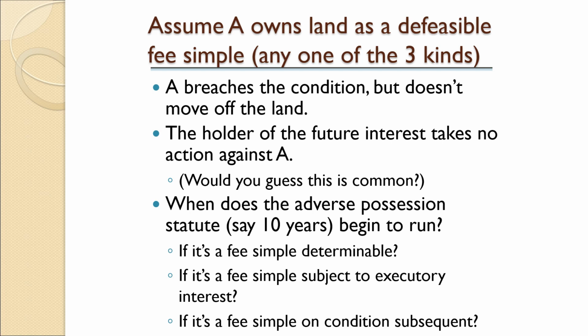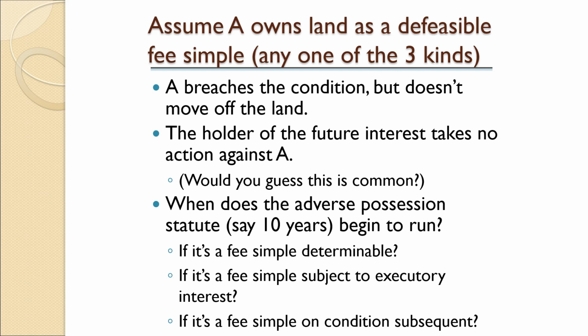So if no action is taken, the estate simply continues to exist in the person who held the fee simple. They get to remain on the property indefinitely into the future until the future interest holder takes some action. They're not trespassing, they're not an adverse possessor, and therefore they never can cut off the future interest by virtue of adverse possession.